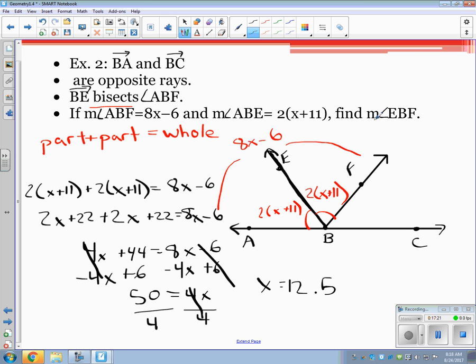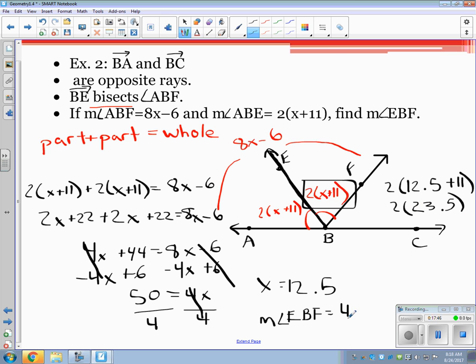And then looking at the problem again, I want the measure of angle EBF, which I have not found yet, but it's pretty easy to get at this point. We already said that this was EBF, so I just get to plug in. I'm going to do 2 times 12.5 plus 11, which would be 2 times 23.5, which gives me 47, and again, degrees.